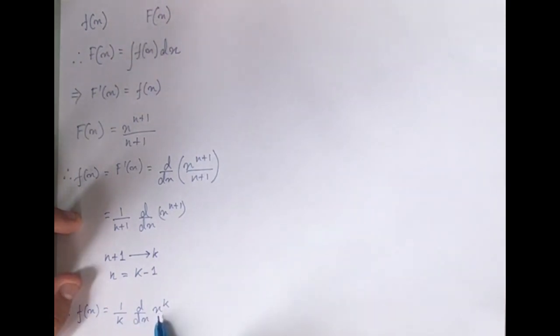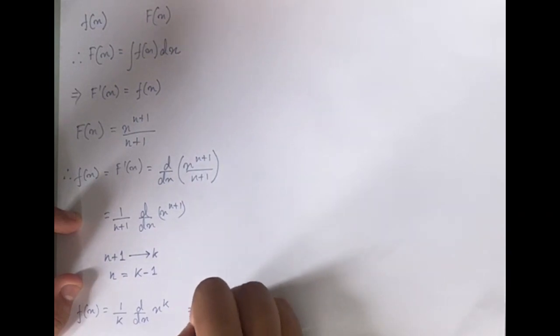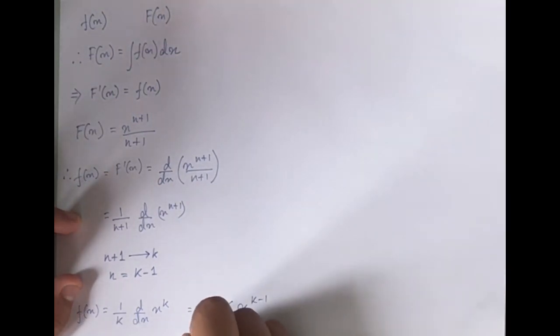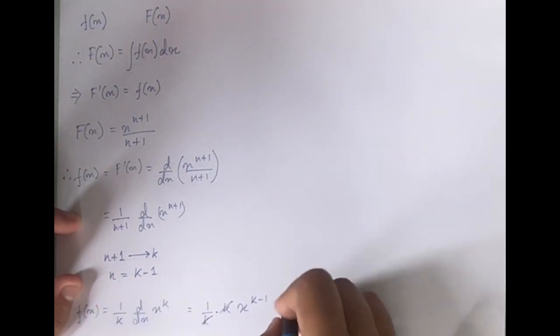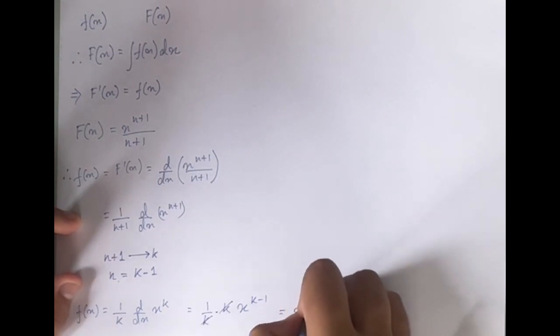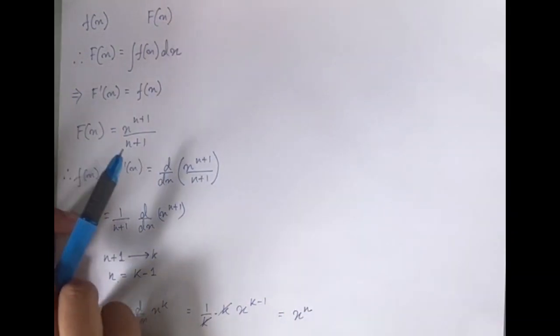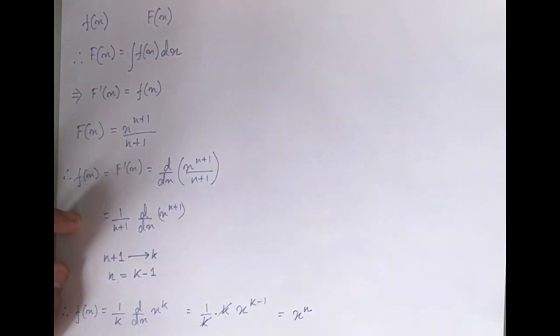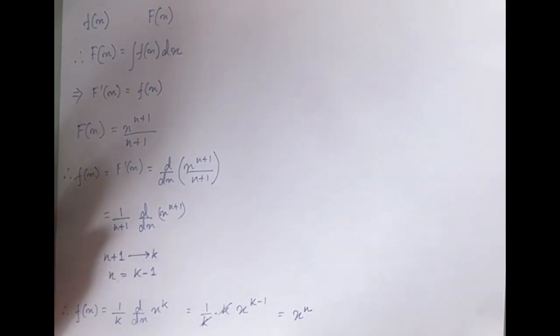Now we know the derivative of x to the power k would be k x to the power k minus 1. We will cancel the k's, and k minus 1 is n, so we get x to the power n. So here you can see, on differentiating x to the power n plus 1 by n plus 1, we are getting x to the power n. So on integrating x to the power n, we would get x to the power n plus 1 by n plus 1.